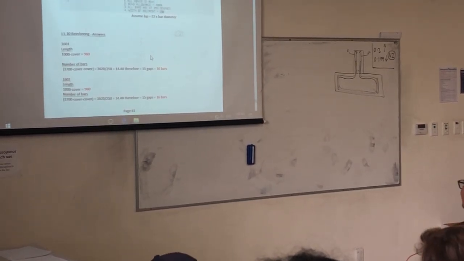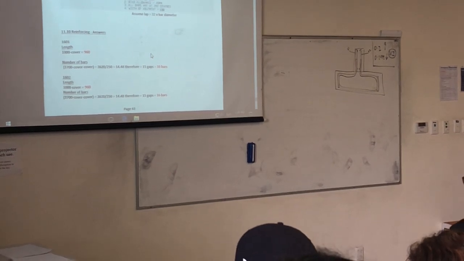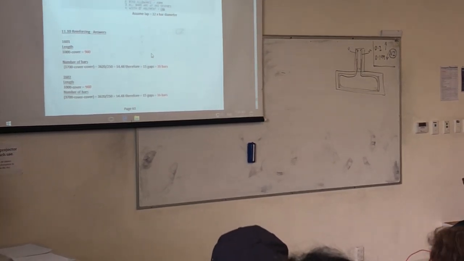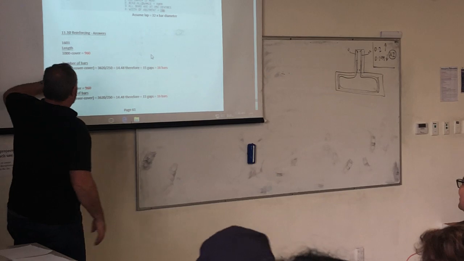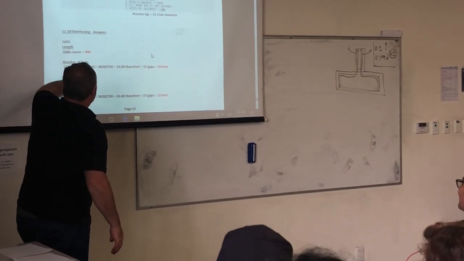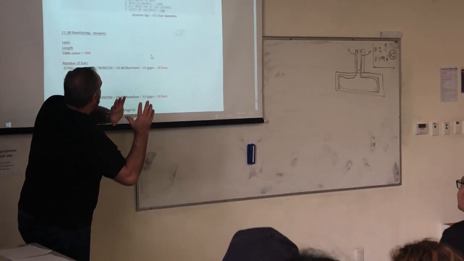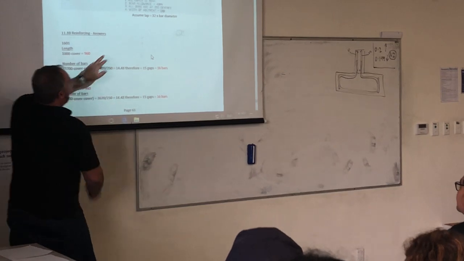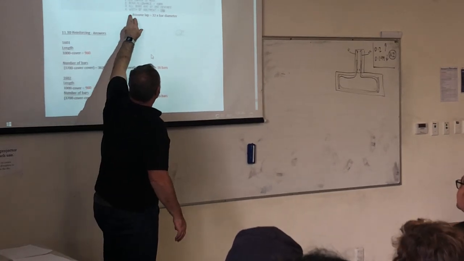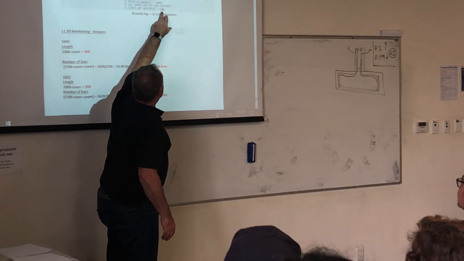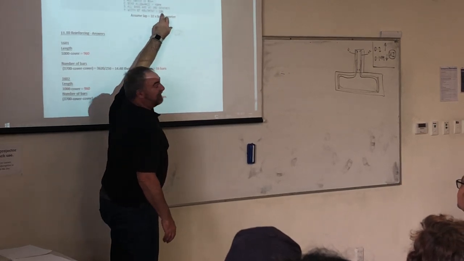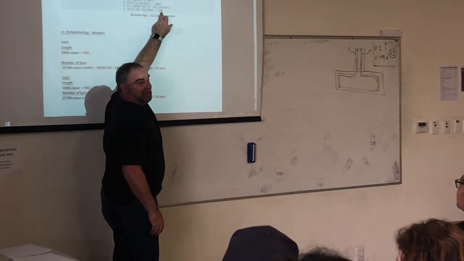Okay, so in this case, to work out the bars, 3,700 minus the cover. So we're talking about the width of the abutment, and that is given here. I changed that, so it won't always be 3,700.